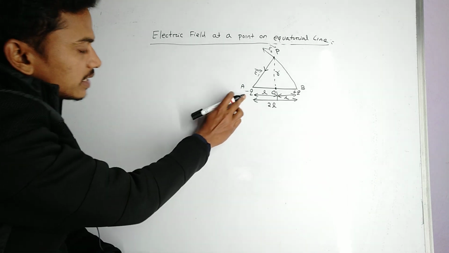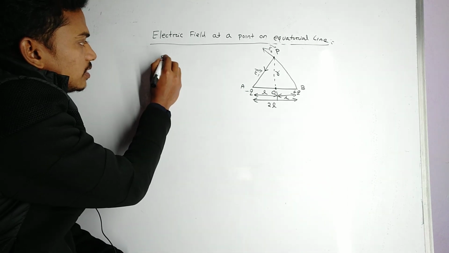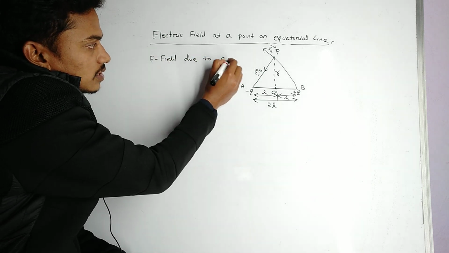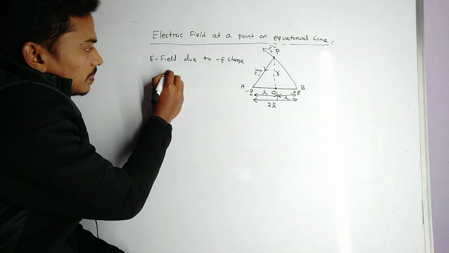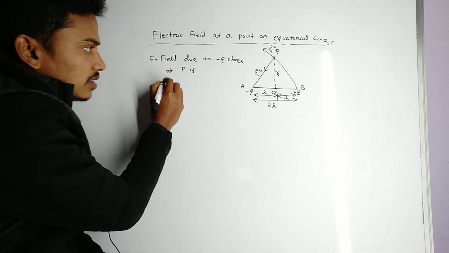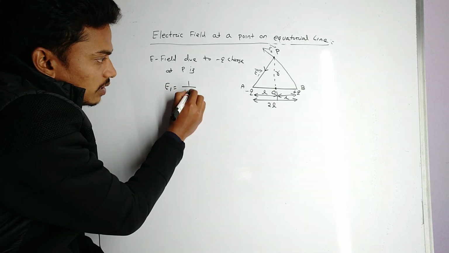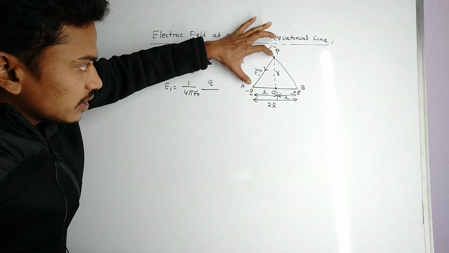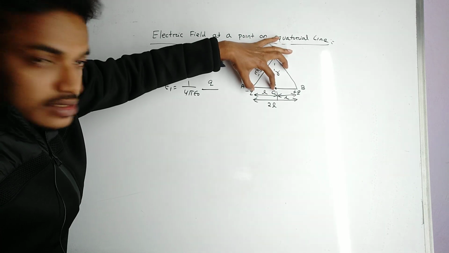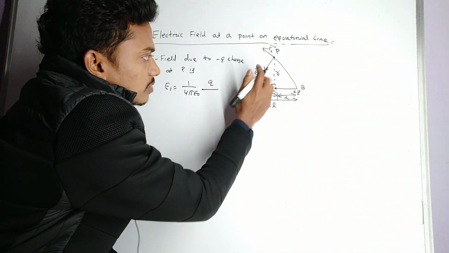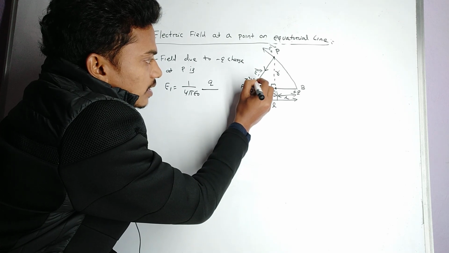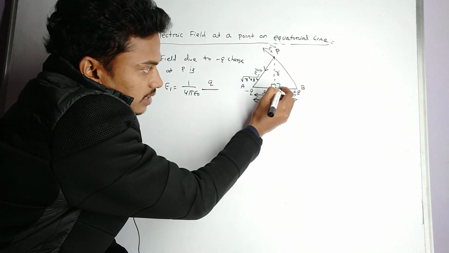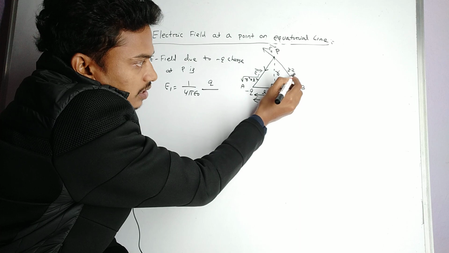So find the electric field due to minus q charge. The electric field due to minus q charge at P is E1 equal to 1 by 4 pi epsilon naught, q by this distance square. This is r and this is L, and this is a right angle triangle, so this distance will be square root of r square plus L square.